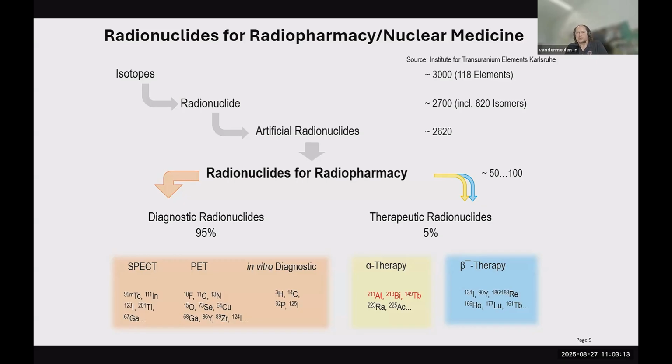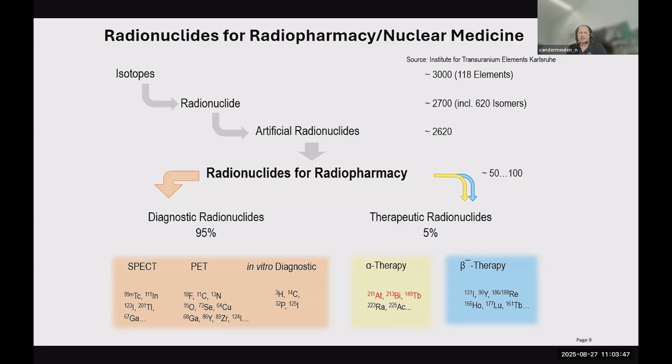But from these artificial radionuclides that exist, we use about 5% of them for radiopharmacy purposes. And of those, 95% is diagnostic and only 5% is therapeutic. And this is what we are trying to improve on now, to produce more therapeutic radionuclides and take that through to the patient and to clinical application. Of course, as of late, we are very excited because of all the new nuclides that are coming about.